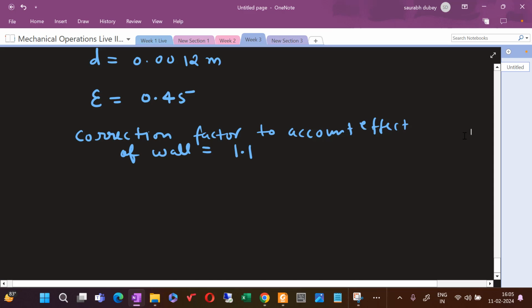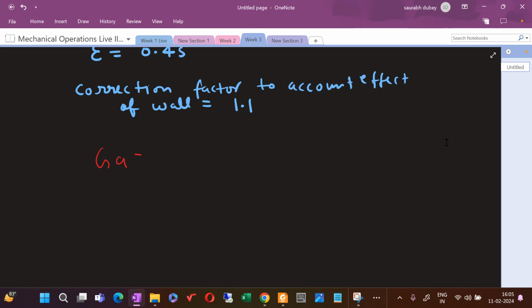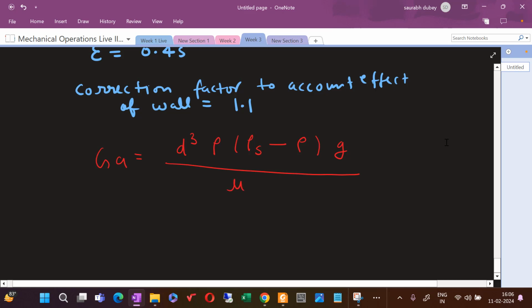And now using the Galileo number, that is d cube times density of the liquid times the density of the solid minus the density of the liquid times the acceleration due to gravity, divided by mu square.